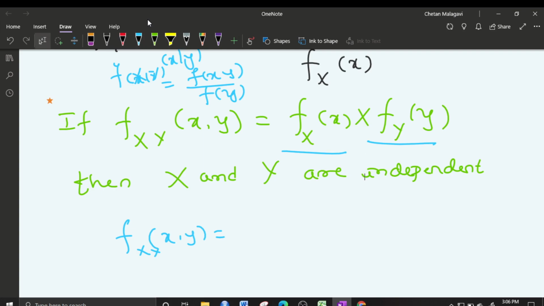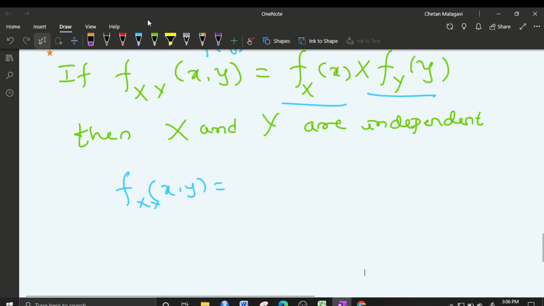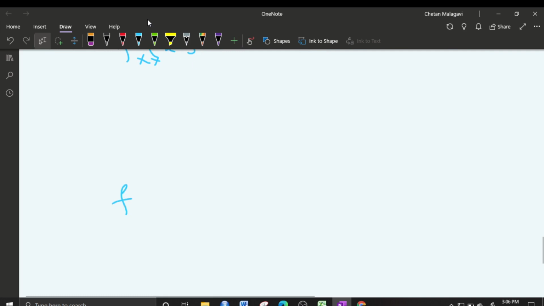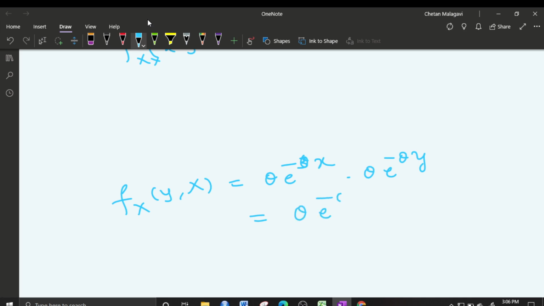Suppose I have, let me give a small example here. Suppose f of x y equals theta e power minus theta x into theta e power minus theta y. Okay, so this is nothing but theta squared e power minus theta times x plus y, so this is f of x y.